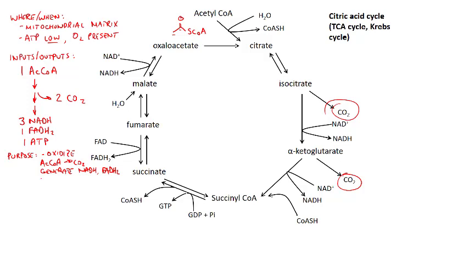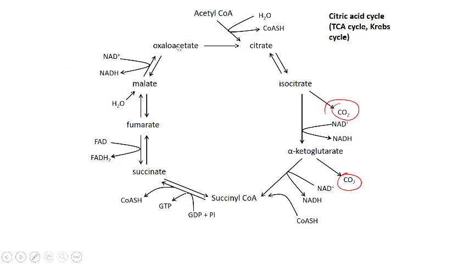A lesser purpose of the citric acid cycle is to generate intermediates for other pathways. We're only going to see one of those other pathways, but the most important intermediate for use in other pathways would be oxaloacetate. Regulation we will talk about on the next slide.